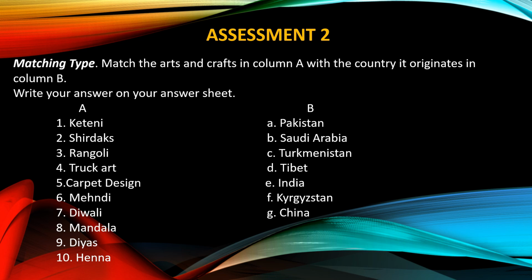Next, assessment number 2, matching type. All you have to do is to match the arts and crafts in column A with the country it originates in column B. Write your answer on your answer sheet. You can pause this part for you to be able to answer assessment number 2.